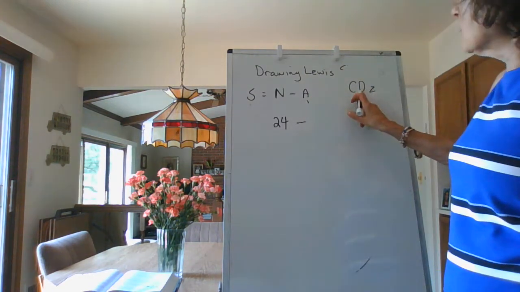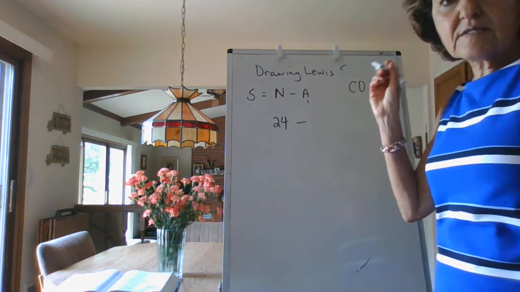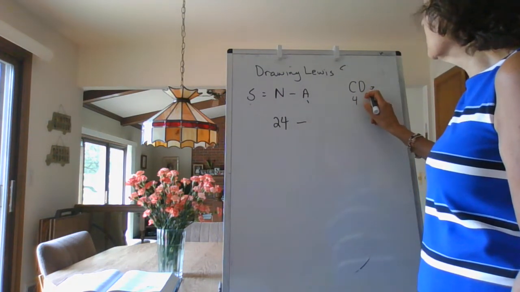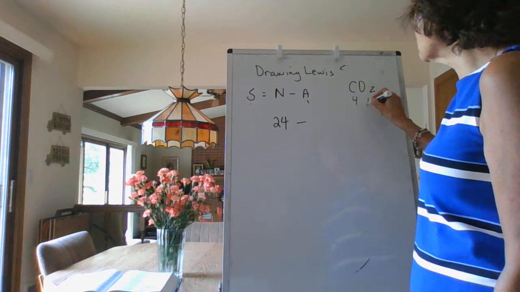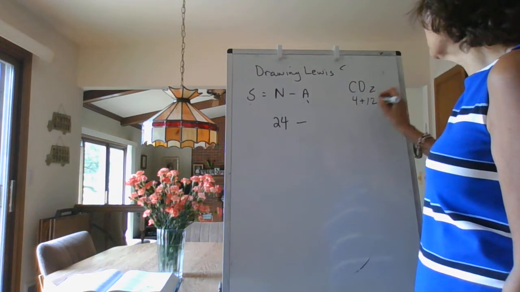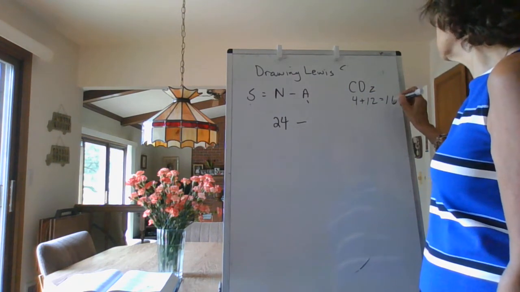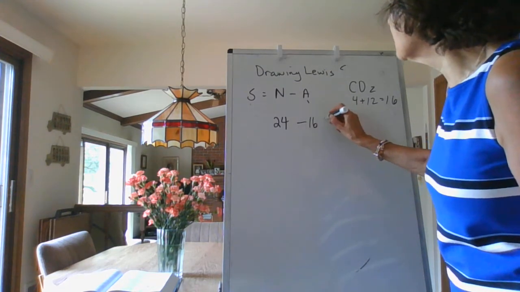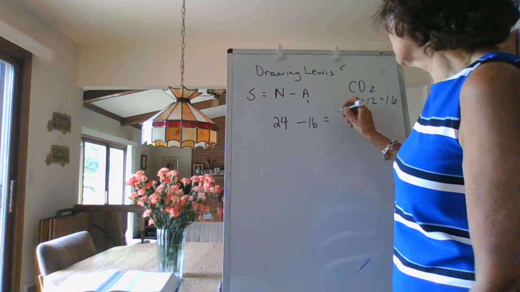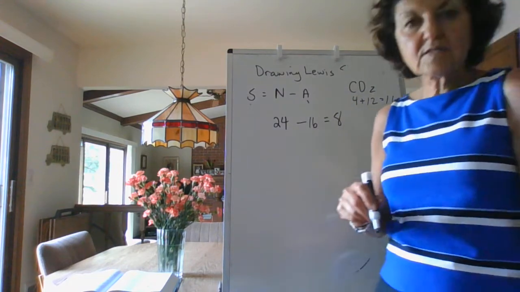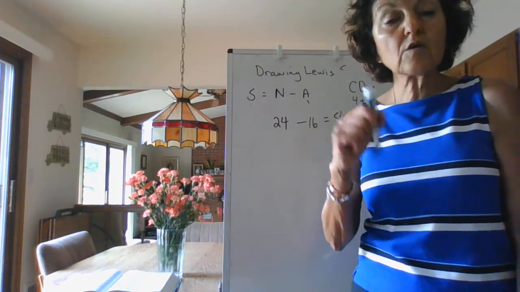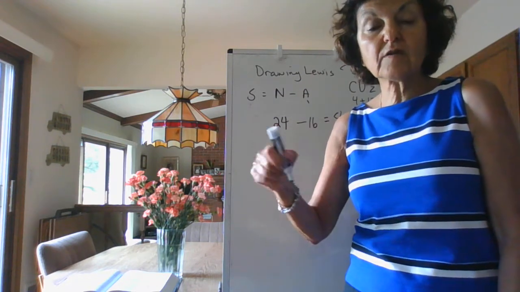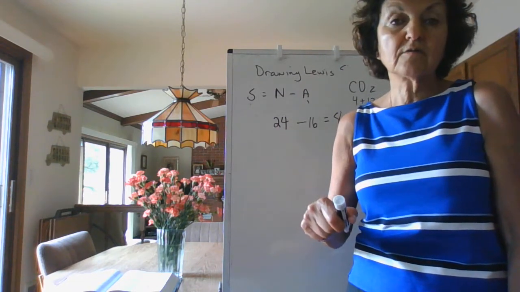A value, carbon is 4 because it has 4 valence electrons. Oxygen is 6 times 2 is 12. So 4 plus 12 is 16. So 24 minus 16 and we get 8. What does 8 mean? 8 means that you are sharing 4 pairs of electrons. That means you have 4 bonds.